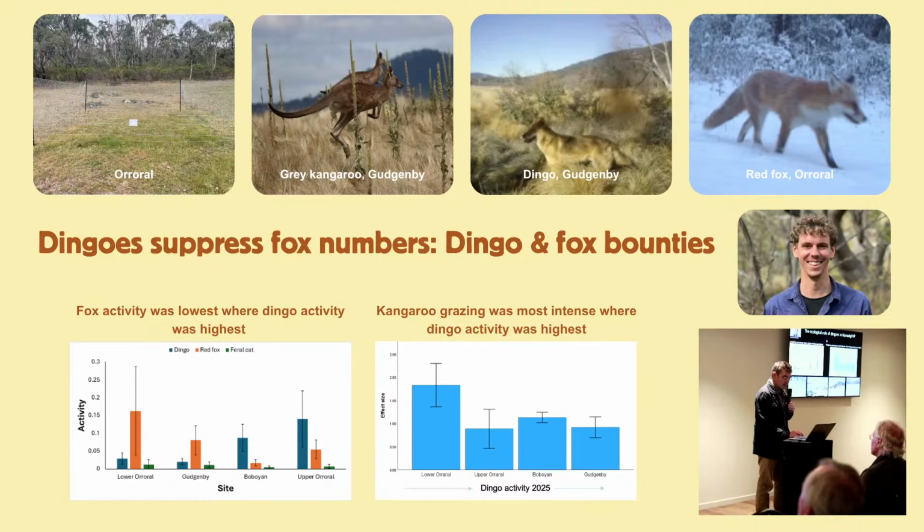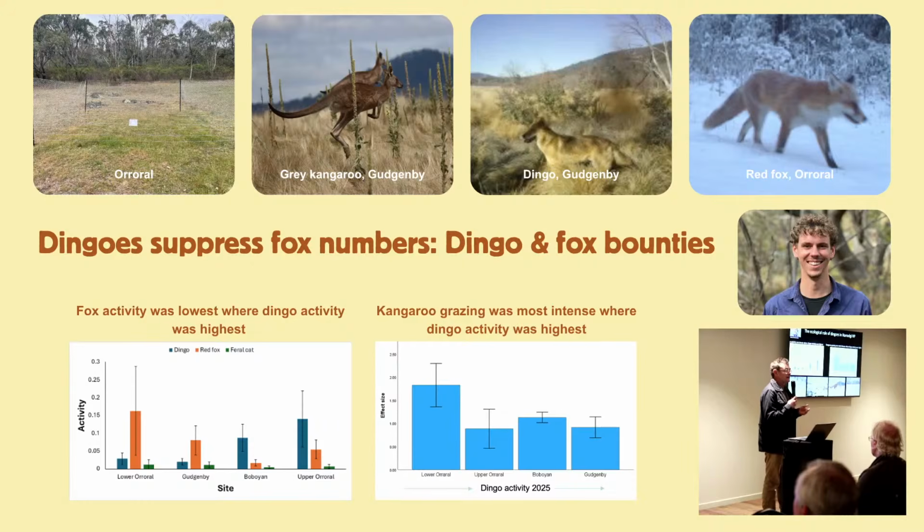And one of the things that James has done is he's built these fenced areas, pretty much the same as the area that I showed you up in Sturt National Park, where we keep the kangaroos out. And what we've found is that the difference in the vegetation height between what's inside the exclosure and outside is greatest where there's very few dingoes.